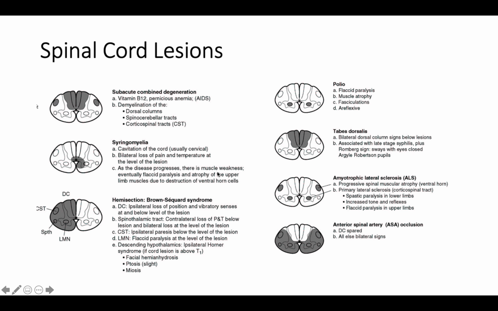Here it does note that you can have some muscle weakness, because as it starts out here, it will spread and eventually get to the ventral horn where the corticospinal tract synapse is. But the big thing here is they are specifically targeting your spinothalamic tract, aka your pain and temperature. Because it has to decussate right here at this commissure for both the left and the right, you can see bilateral loss of pain and temperature.